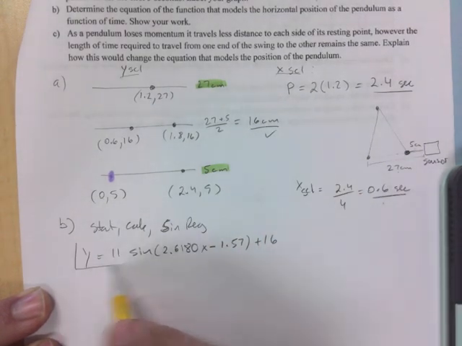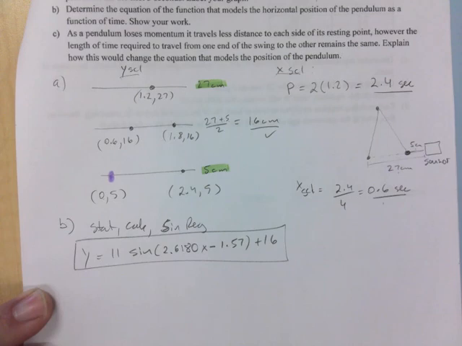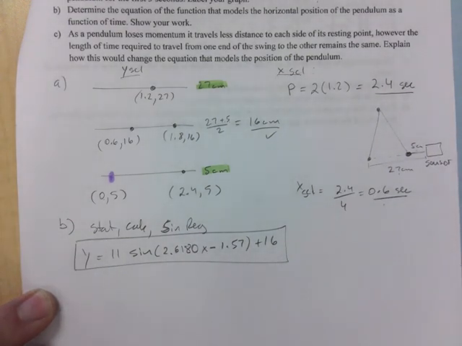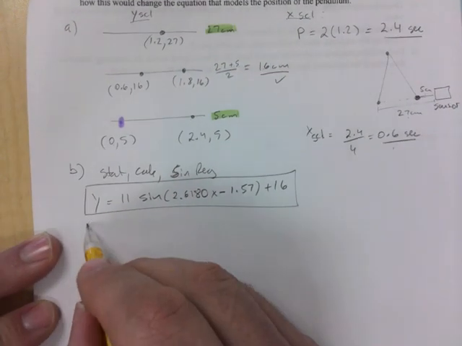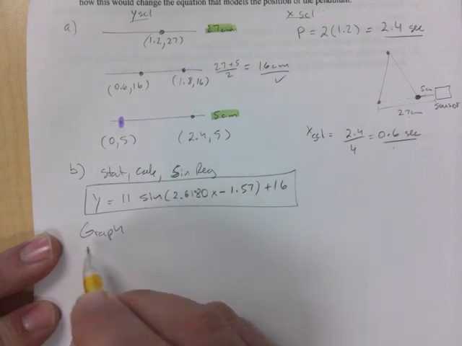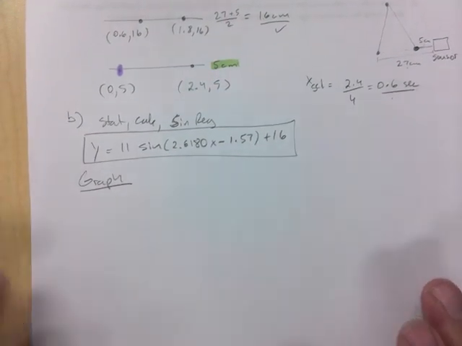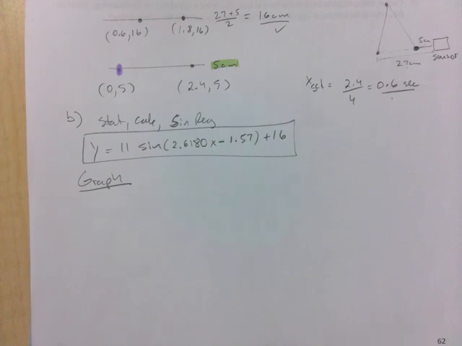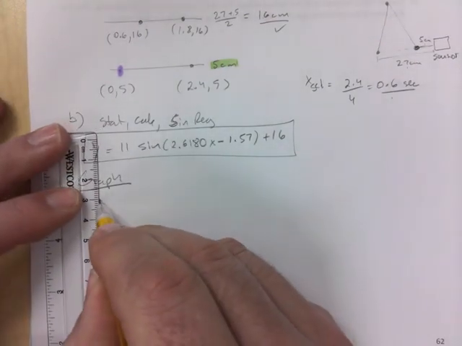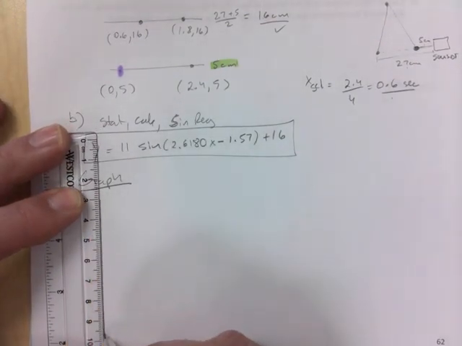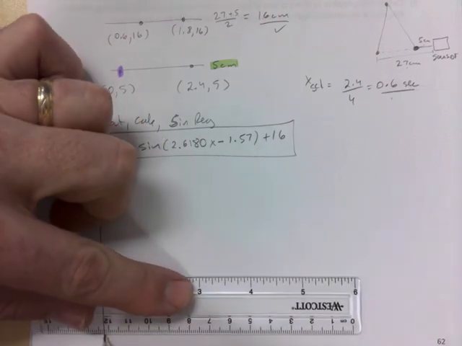It jives. There we go, that's our equation. And then we want to graph it. I'm going to graph it just now. Here's the graph. Kind of going against the current there, right? But that's okay. I never go into the negatives.